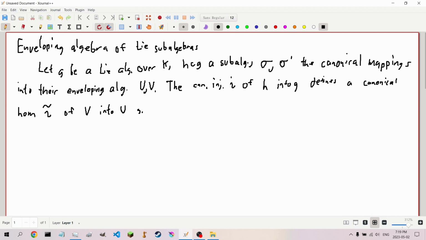And this is going to behave with the canonical mappings as you would expect.